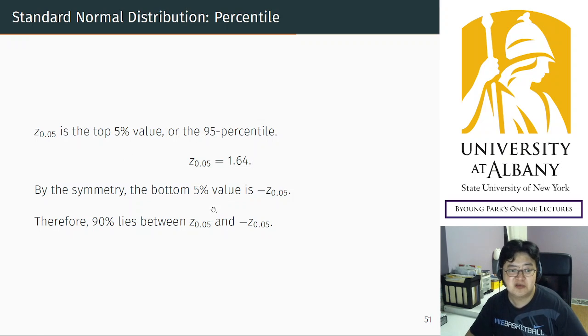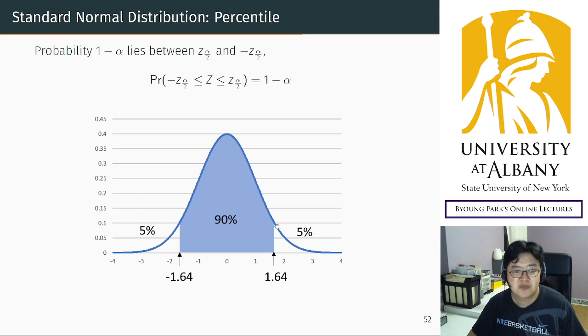In other words, plus minus top 5% value contains 90%. 1.64 is the top 5% value, and minus 1.64 is the bottom 5% value.